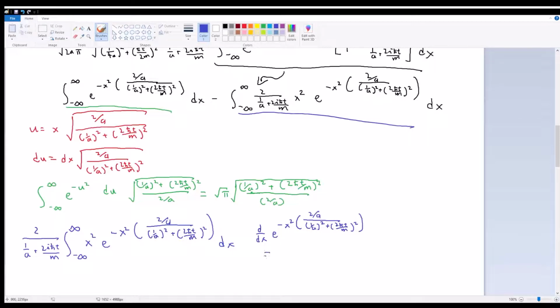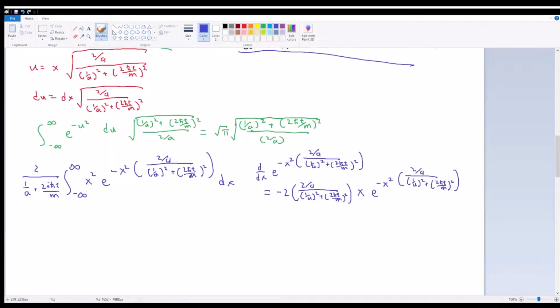I really hate writing this out. This is going to equal, let's see, negative 2 times 2 over a over 1 over a squared plus 2h bar t over m squared. And then we have an x term, and then we have e to the negative x squared times 2 over a 1 over a squared plus 2h bar t over m squared.